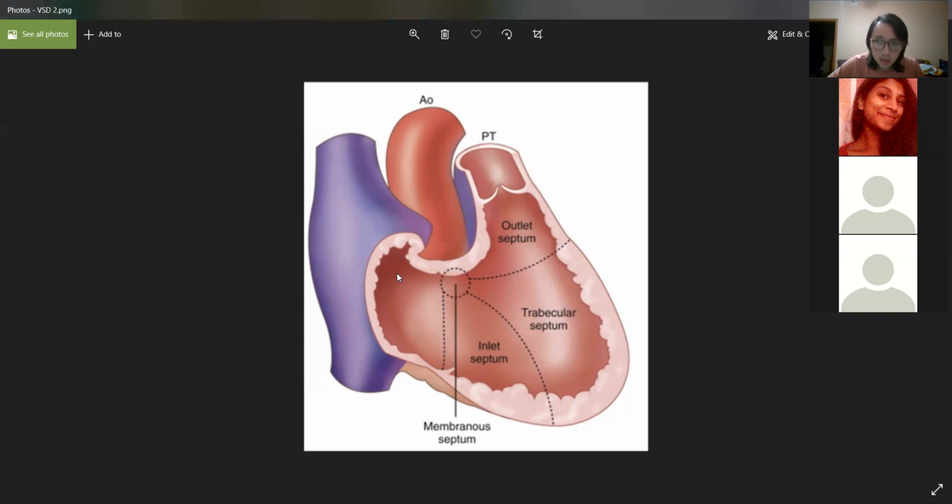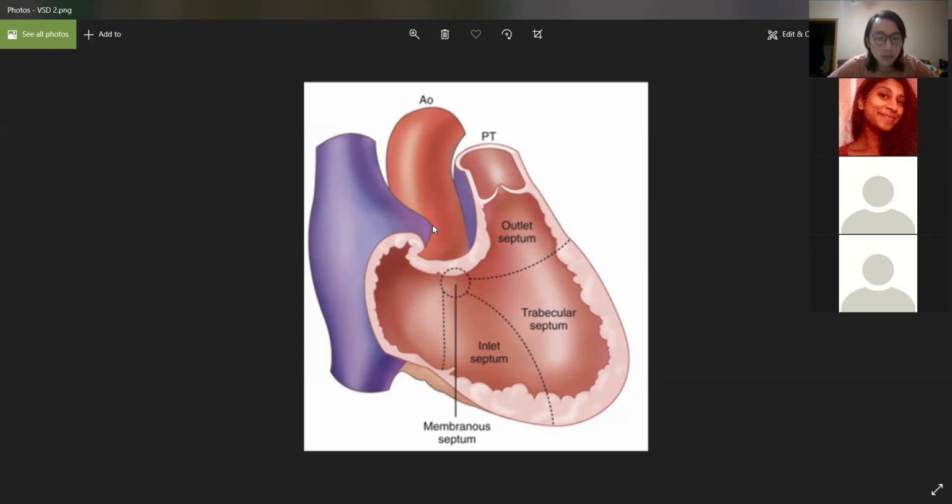Because this is the AV junction, the atrioventricular junction. This is your atrium. This entire thing is your ventricle. So inlet is where it enters, outlet is where it exits, right? So the names make sense. And this small little area over here is the membranous part of the intraventricular septum. Okay, clear? So with this in mind, let's now talk about types of ventricular septal defects.